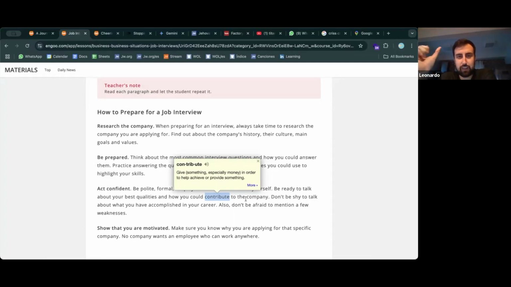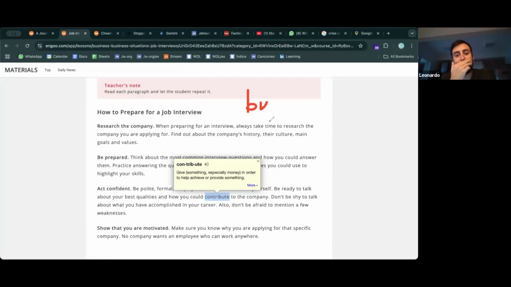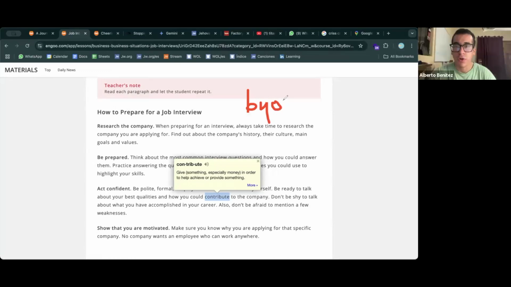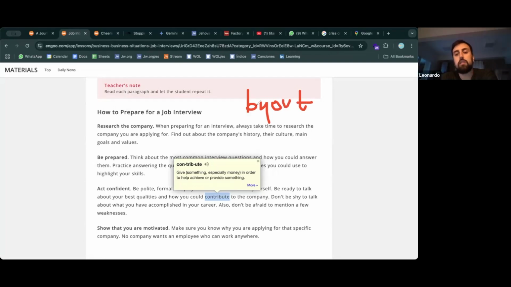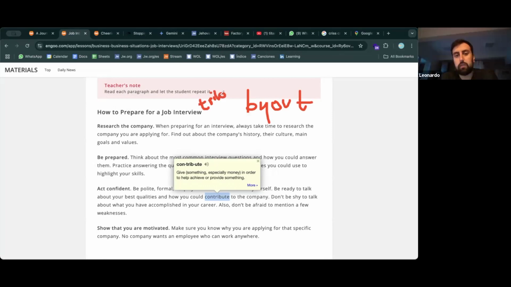Contribute. Good. But the stress is on the second syllable, like this: contribute.